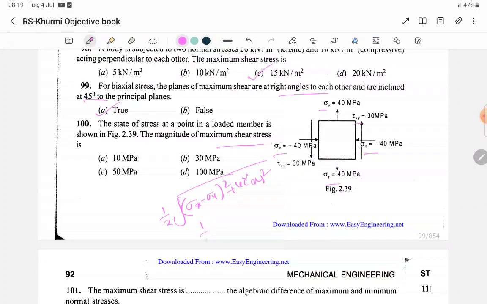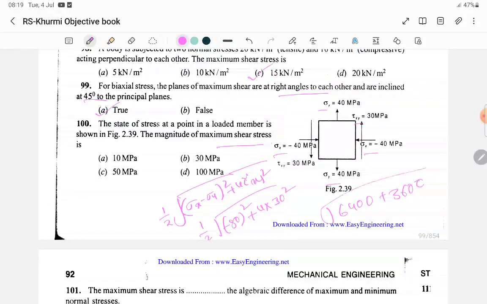So just substitute sigma x minus sigma y. Sigma x is minus 40 and sigma y is also minus 40, so under root of minus 80 whole square plus 4 into tau of xy, 30 square. Minus 80 whole square means 8 8s are 64, so 6400, plus 4 times 900 is 3600.